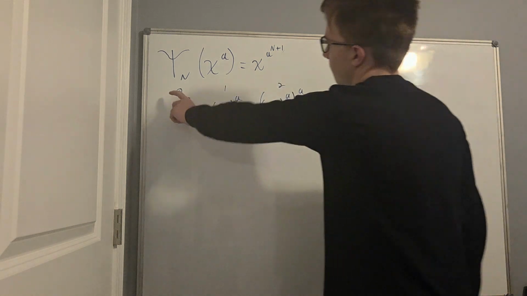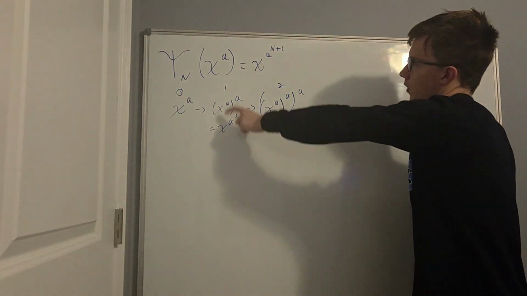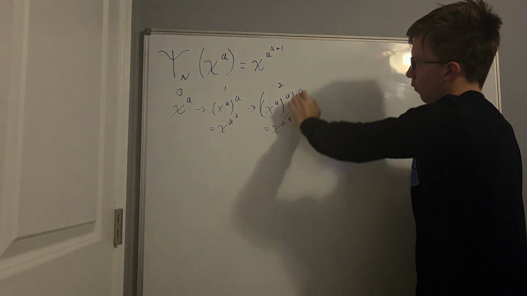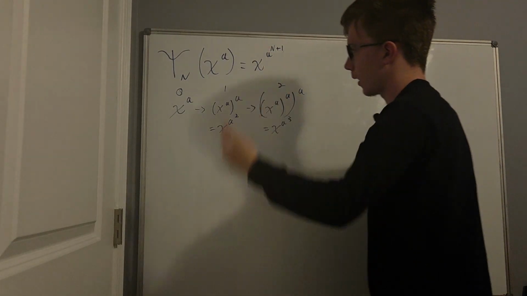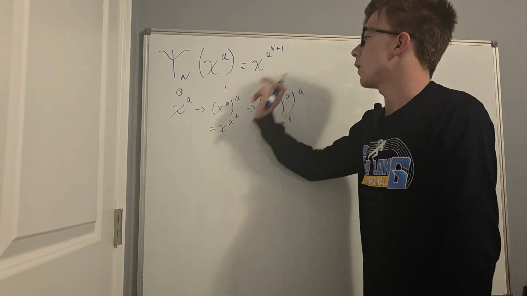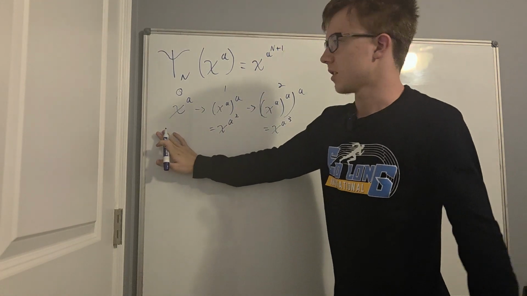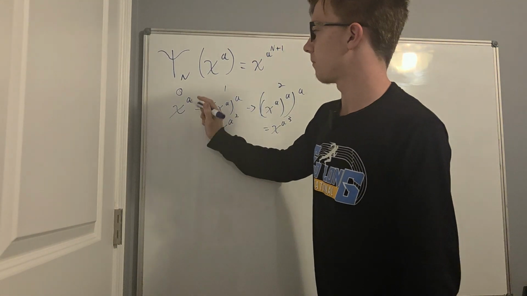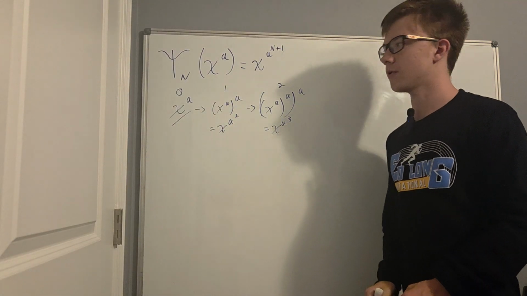These are pretty self-explanatory. We got 1 plus 1 is 2, 1 plus 2 is 3, and so on. Now right here, 0 plus 1 is 1. A constant to the 1 is itself. So it actually works there also.